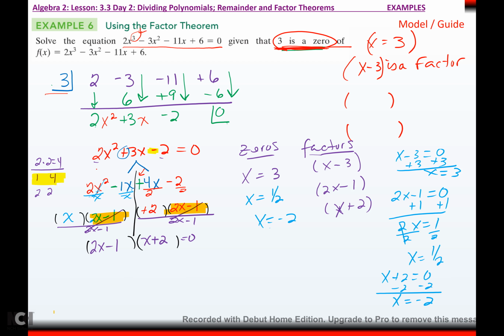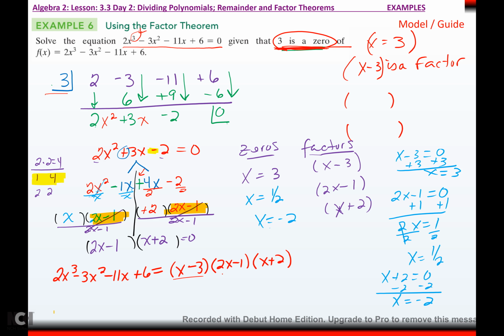So what do I know? I know that this equation, 2x cubed minus 3x squared minus 11x plus 6, can be written as x minus 3, times 2x minus 1, times x plus 2.